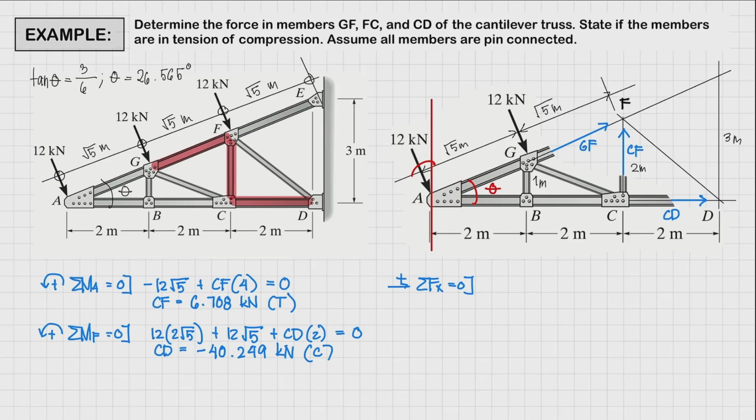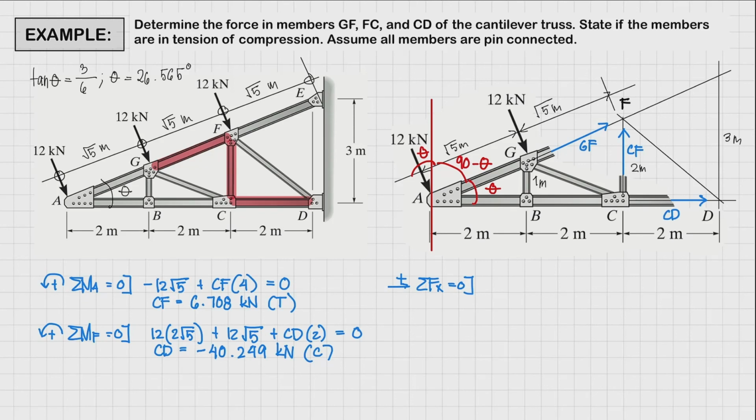Therefore, the angle here is going to be 90 minus angle theta, right? But if you look here, this is also 90 degrees. And if this is 90 degrees, and this internal angle is 90 minus theta, therefore this angle is going to be equal to theta, right? So this is also angle theta. So we're going to use that to solve for the components of our applied loads.